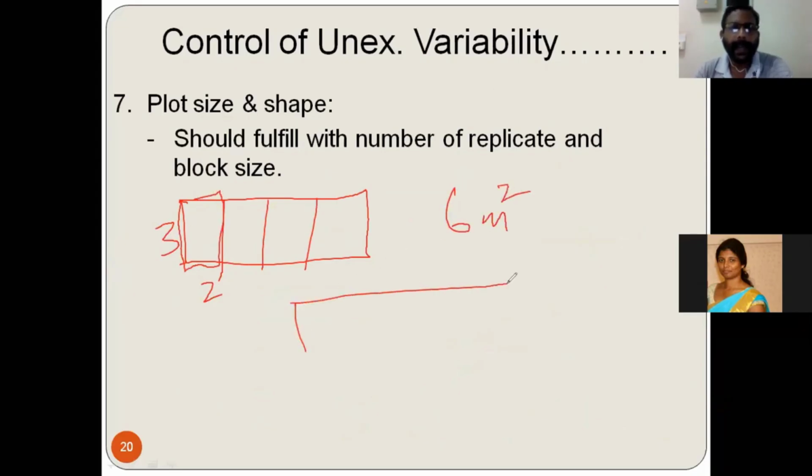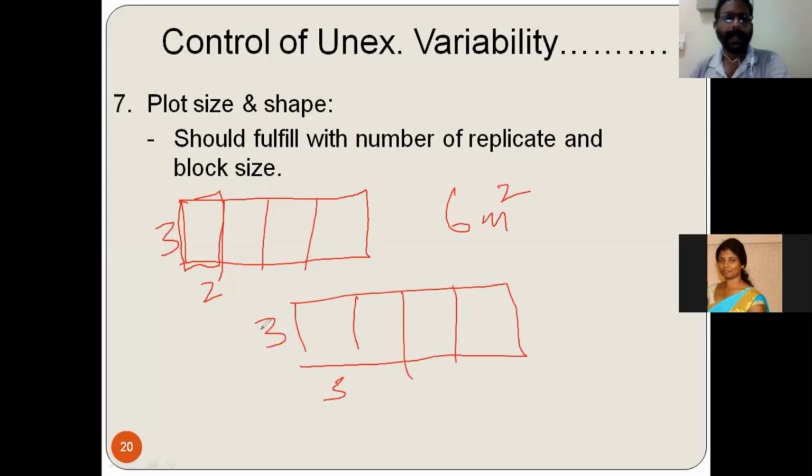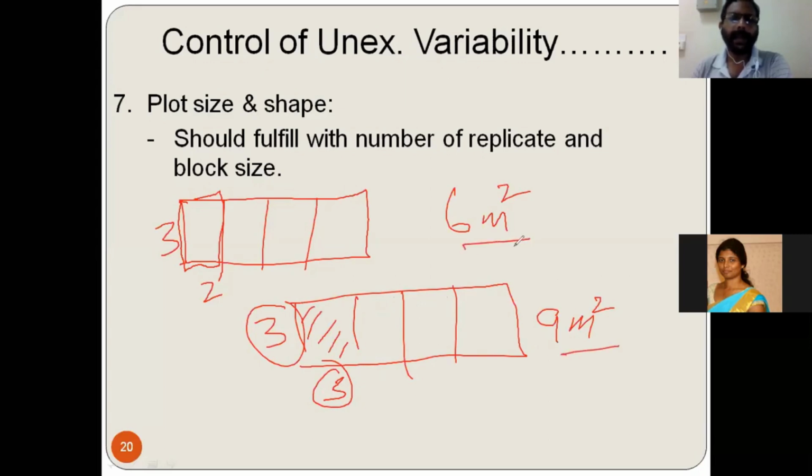Suppose I have another setup, 3 into 3 meter. What is the plot size? 9 square meter per plot. So 6 square meter, 9 square meter.